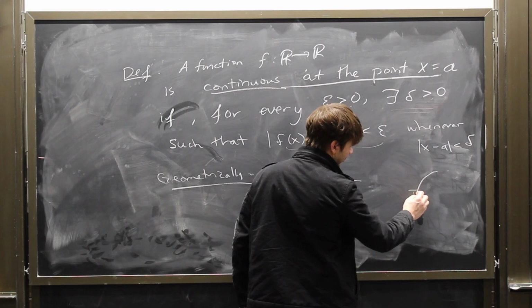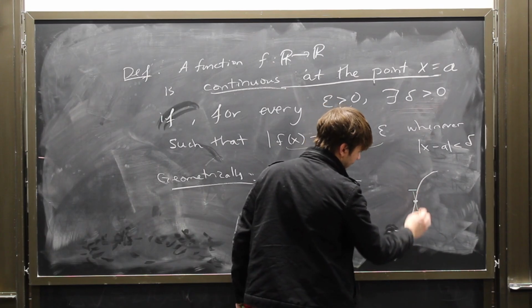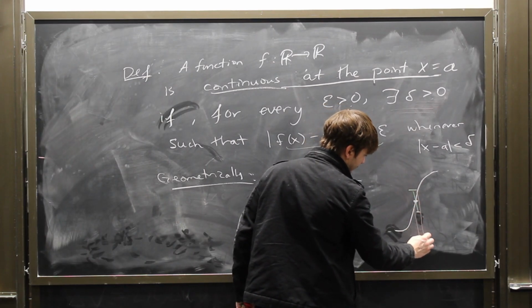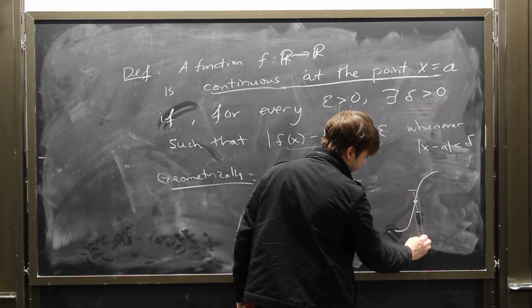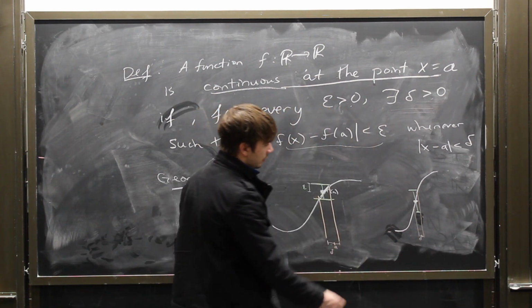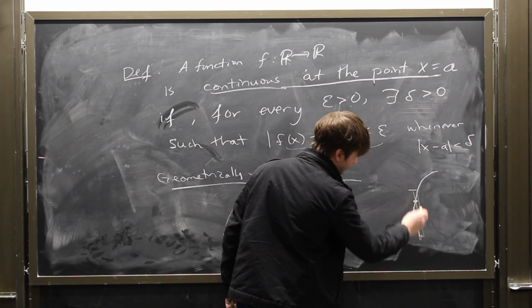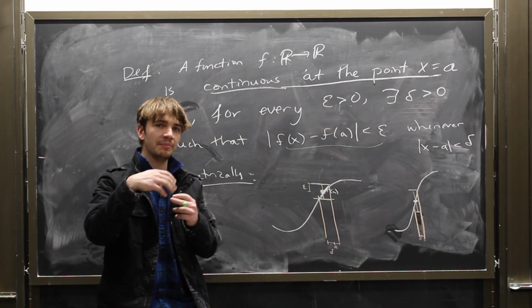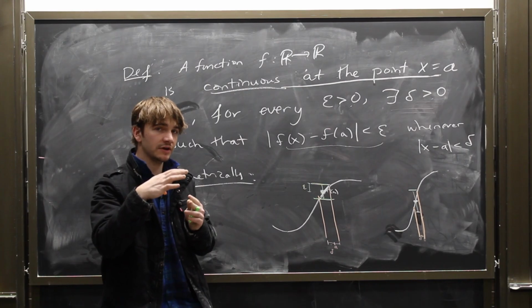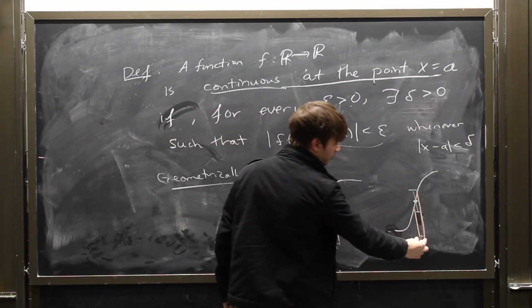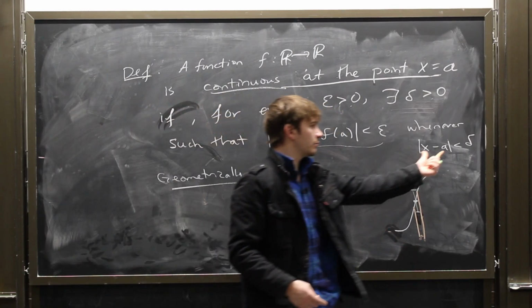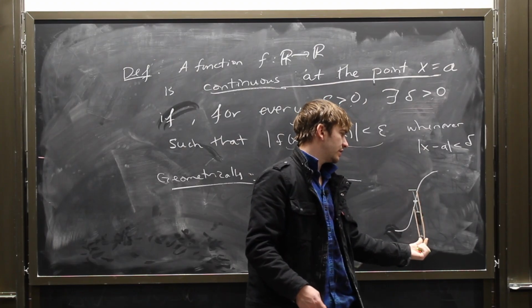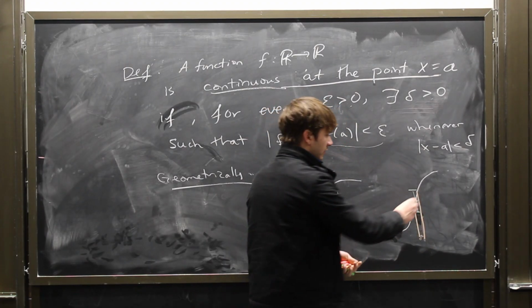Okay, so my delta neighborhood that's going to work for this guy is actually going to be much smaller. Okay, so here's my delta neighborhood. And notice that because the function is steeper, its values are changing more rapidly locally, its values are changing more rapidly. And so I need a more constrained interval, a smaller delta to enforce that the values of the function are all trapped within epsilon.